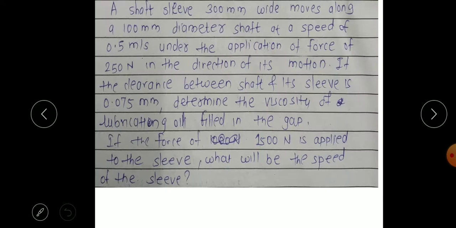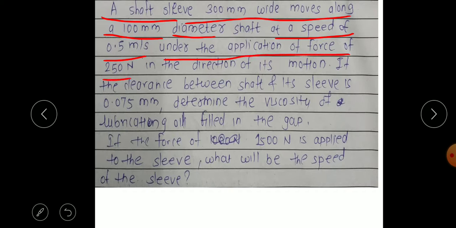Viscosity of the oil in a sleeve. A shaft sleeve 300 mm wide moves along a 100 mm diameter shaft at a speed of 0.5 meter per second under the application of a force of 250 Newton in the direction of its motion.